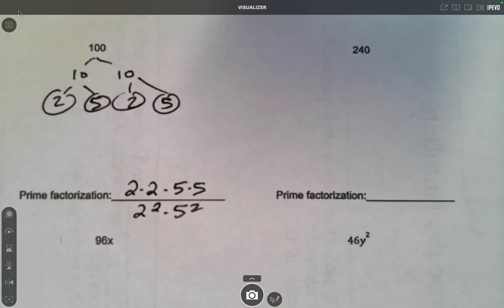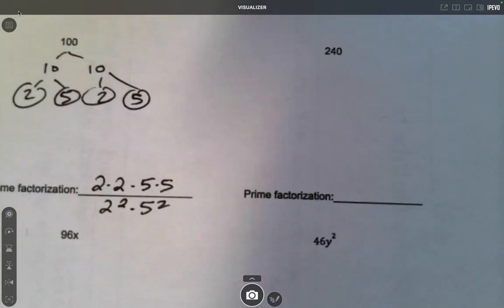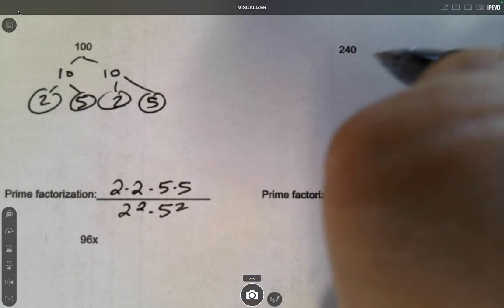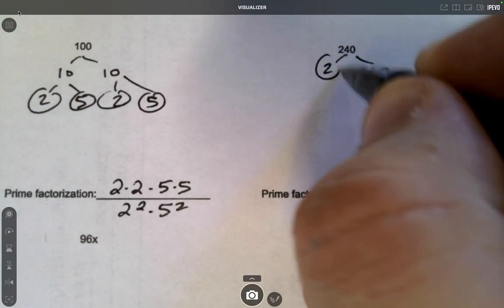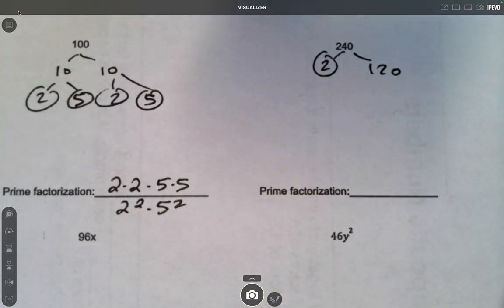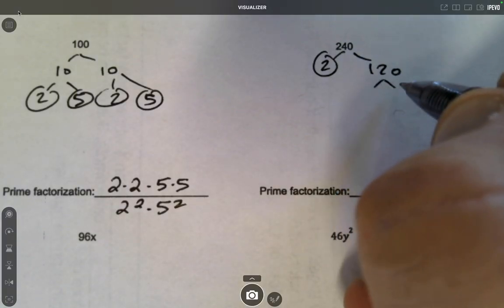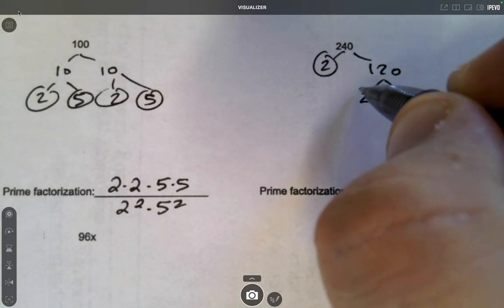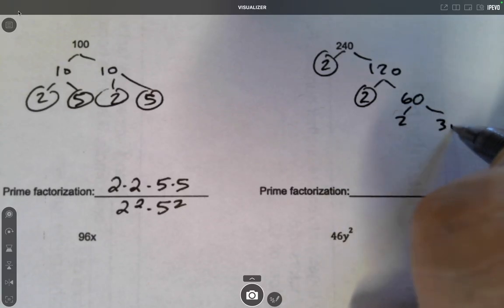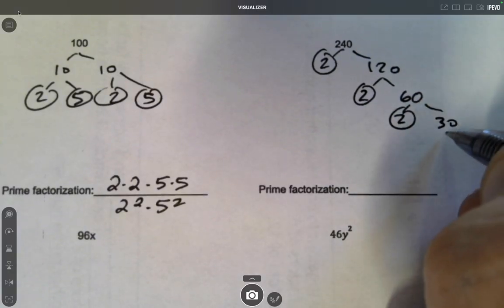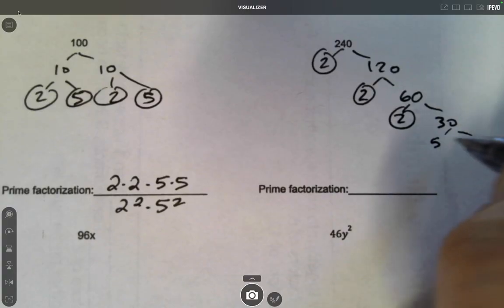Okay, 240. Now let's say you're like, that's a big number. I'm not sure what to do. What I'd recommend is if it's an even number, just start with 2. And you're allowed to use your calculator to help you from there. You can say, all right, 240 divided by 2, that's 120. 2's prime, so that branch will stop. 120 is the same as 2 times 60. Here's a 2, that branch will stop. 60 is 2 times 30. 30 is 5 times 6.